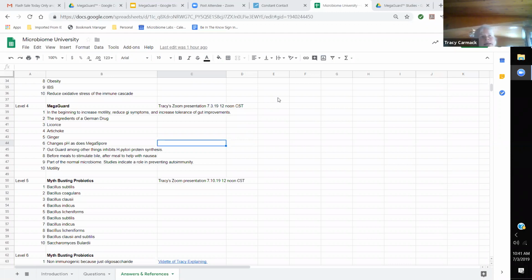And we can't make these companies label GMOs, but we do have a product that can help once the damage is done to reverse it. And that's what's going to bring hope. And that's going to keep us hopefully healthy enough and sane enough to stop the politics that are allowing the other things to happen.